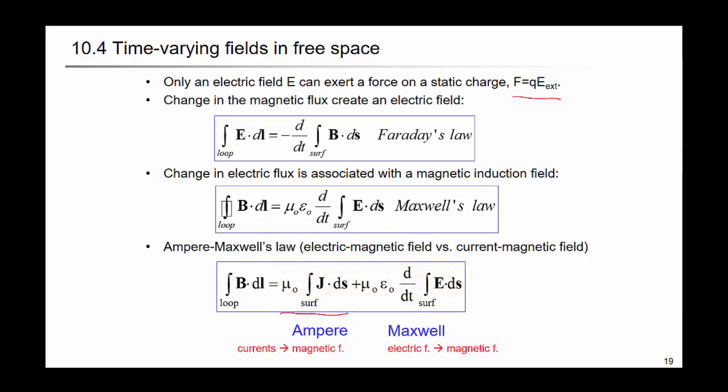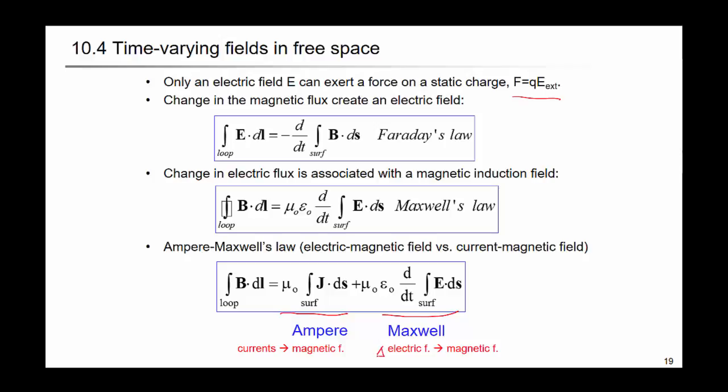this relation. So here you have a current that's causing a magnetic field, and you have the change in electric flux that's causing the magnetic field.